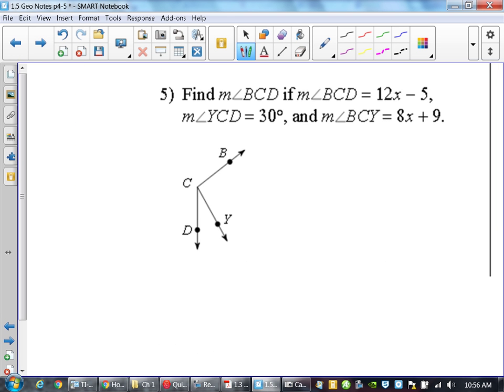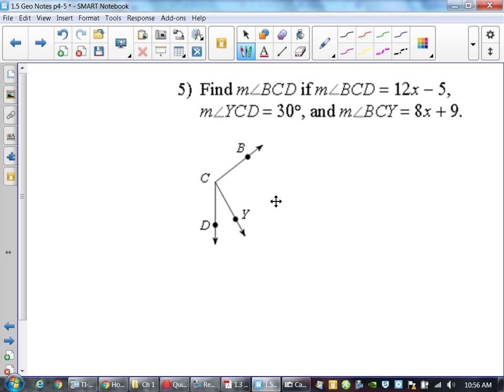So if I have something like this, find the measure of angle BCD if angle BCD is 12x minus 5 and YCD is 30 and BCY is 8x plus 9.